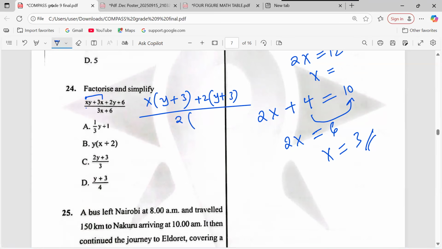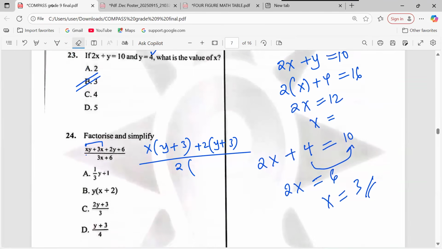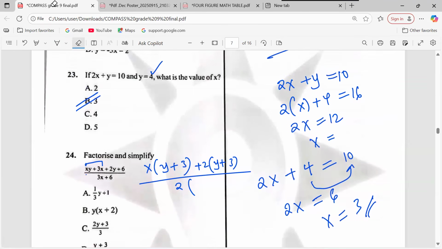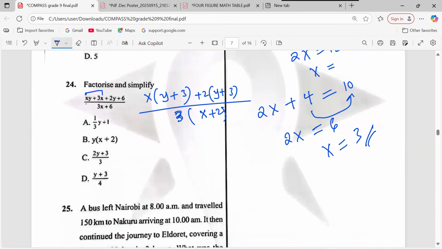Then we factor out, is it 2? No, 3, sorry. We factor out 3. Then we remain with x plus 2. From the numerator, inside the brackets, we have y plus 3. Outside, x plus 2. Out of 3 into x plus 2 from the denominator.